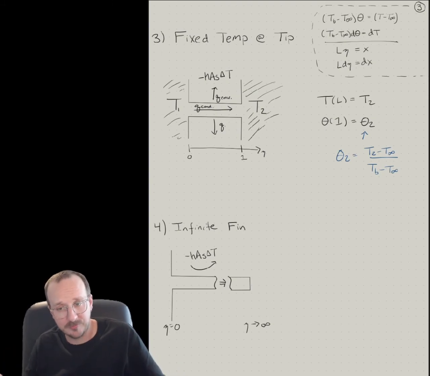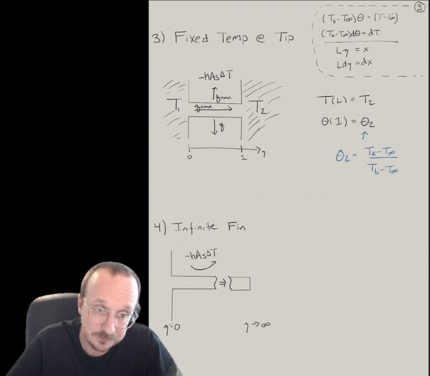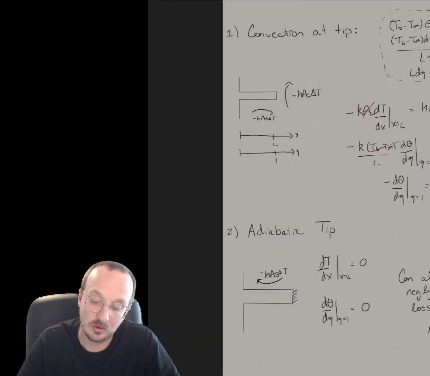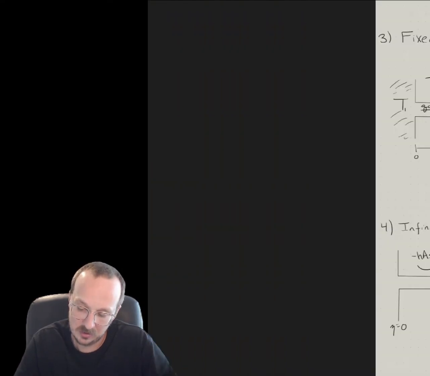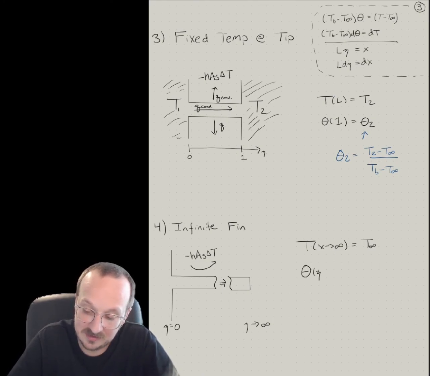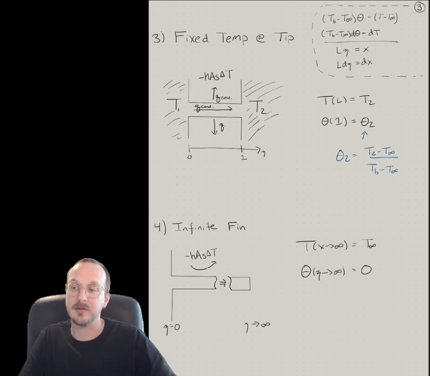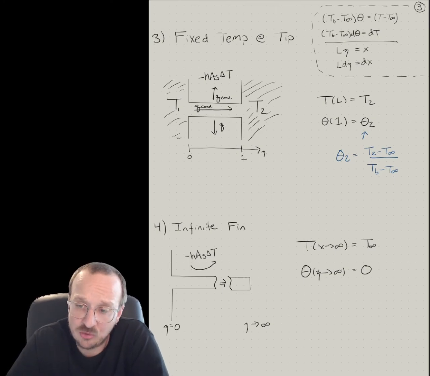If you do assume it's infinite, this is what the boundary condition would be: T as X goes to infinity equals T infinity. If we plug T infinity into our theta expression, that means theta equals 0. So theta as Z goes to infinity is 0. That's the same thing, dimensionless. So those are the 4 boundary conditions.